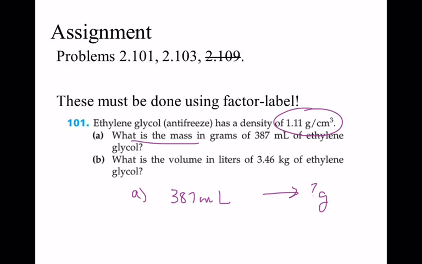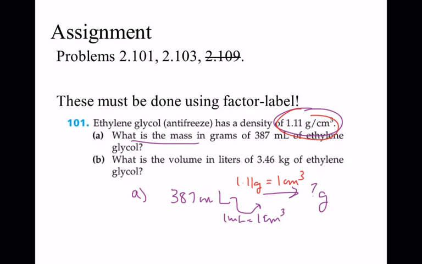And to accomplish that, you are going to use this relationship: 1.11 grams is equal to 1 centimeter cubed. But it looks like we got to convert milliliters to centimeters cubed first.